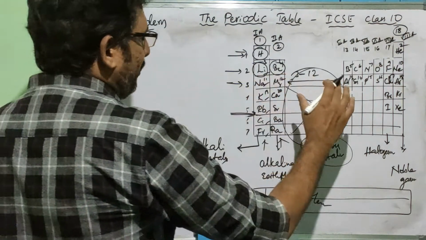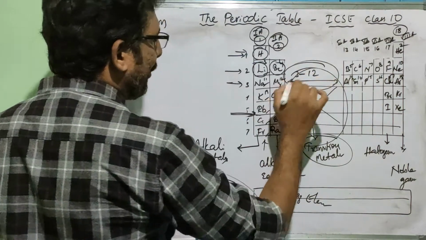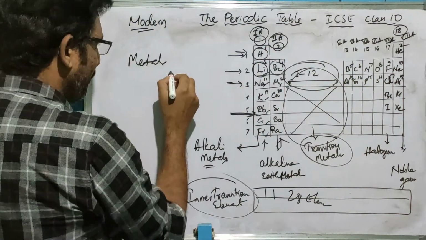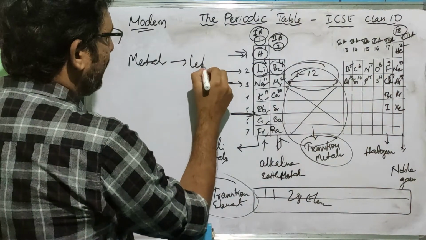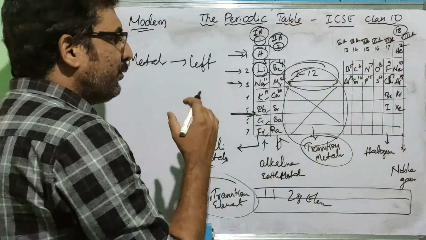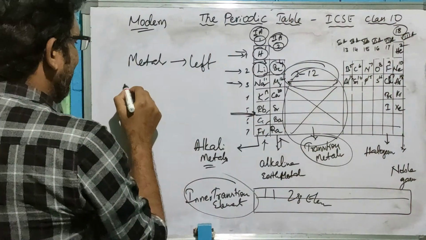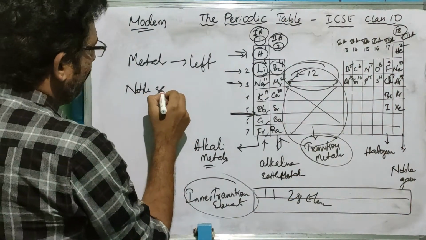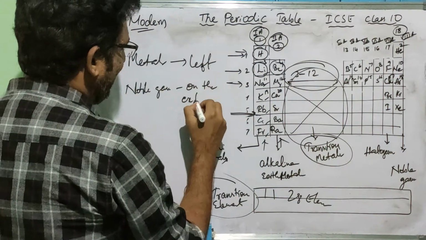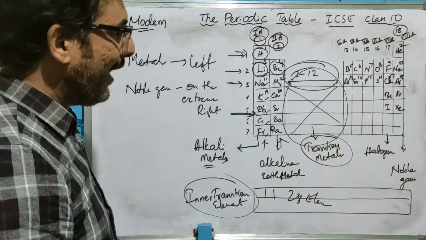If you see the periodic table, group 1, group 2 and groups from 3 to 12, all these are metals, and all the metals are placed on the left hand side of the periodic table. And if you go to the extreme right side of the periodic table, you can see the noble gases.